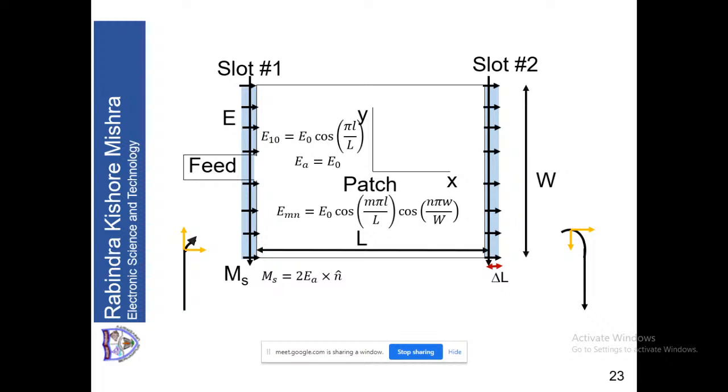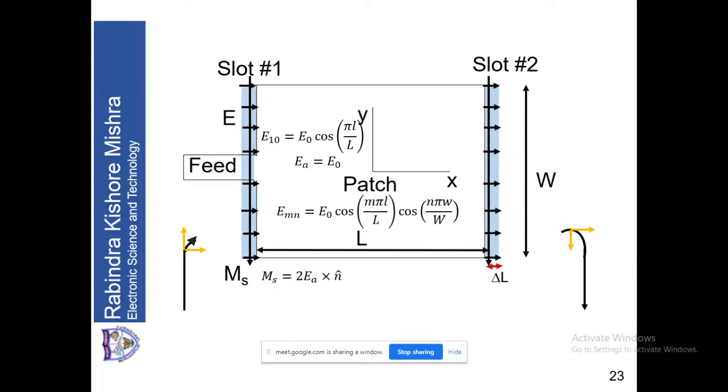So MS will have an image below the ground which is equal to MS. When we take into account the image contribution, there are 2 MS, one real and one image, and you add them. That gives you 2 MS, from that 2 EA. So we get MS equal to 2 EA cross n cap. So that will be my MS.